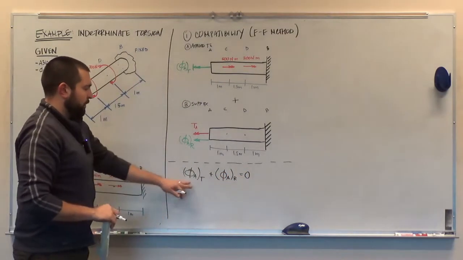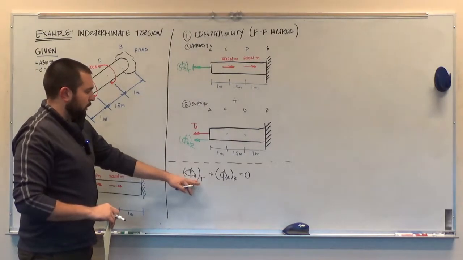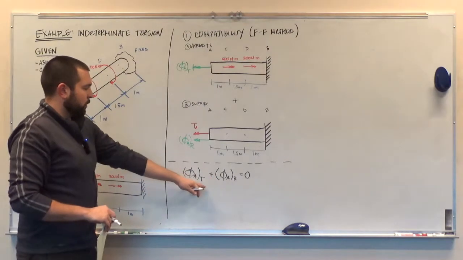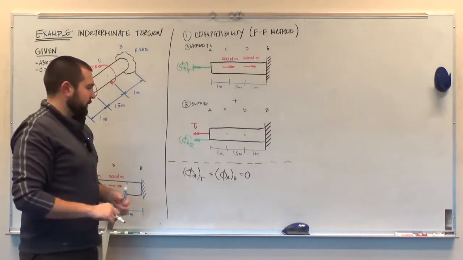And so now all that we have to do is figure out how I relate the angle of twist at A due to each of these loads. How do I go about calculating those? That's where we use mechanics of materials.